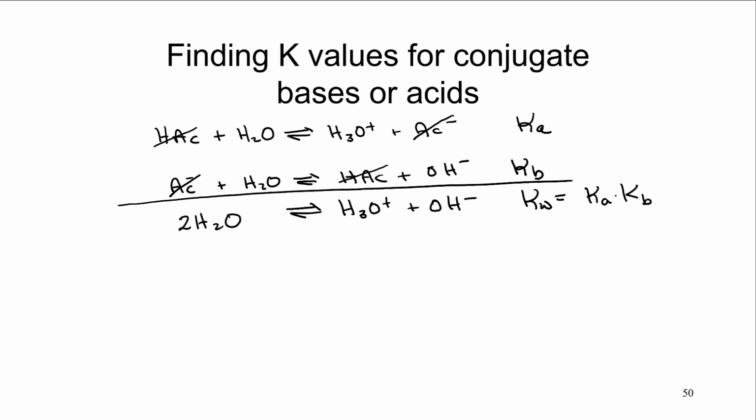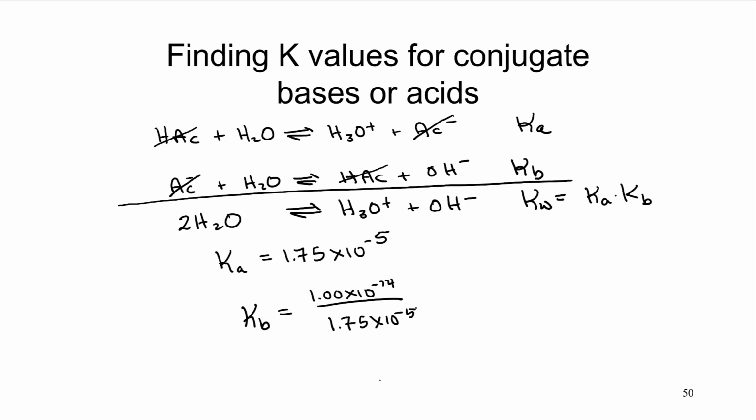So for acetic acid, Ka is 1.75 times 10 to the minus fifth. So Kb for the acetate ion, its conjugate base, would be 1.00 times 10 to the minus 14, that's Kw, divided by Ka, 1.75 times 10 to the minus fifth.